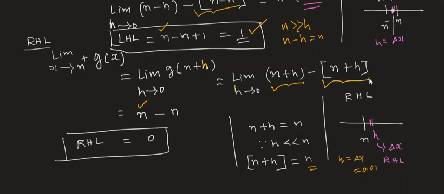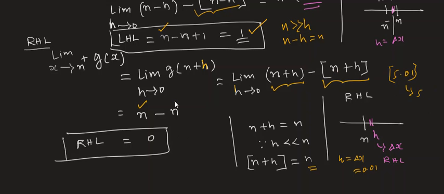Now let us go to the second part, the floor of n plus h. What do you mean by n plus h? It can be 0.01 more, so let me consider 5.01. What is the floor function of 5.01? That is 5. Similarly, n plus 0.01 means we have to consider n.